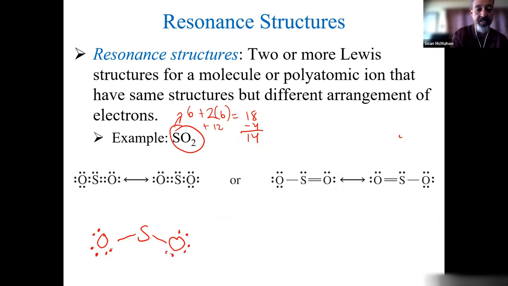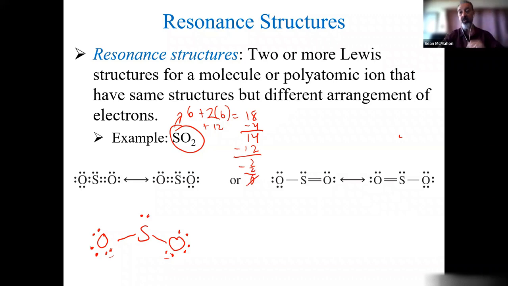With the lone pairs I've added, I've used 2, 4, 6, 8, 10, 12 of the 14. So I have to subtract that. Now, with the remaining 2, what should I do? I'm going to attach them to the central atom, like the rule said.